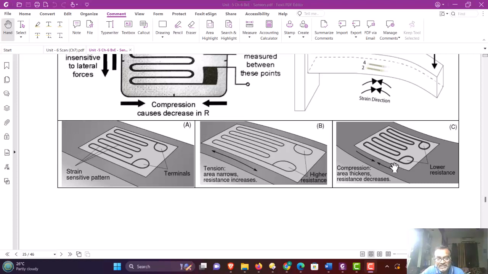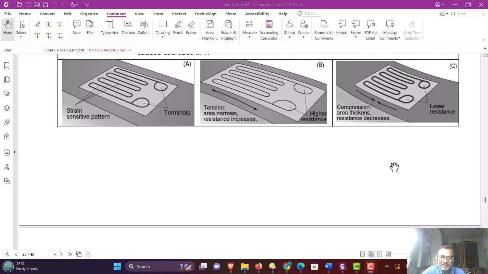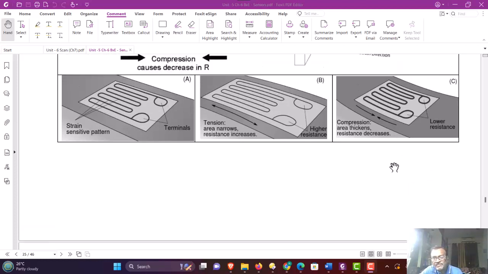If four strain gauges are used and they are connected appropriately in the cross arms, then the sensitivity of the bridge will be increased four times compared to a single arm strain gauge connection. And that's why, to have larger sensitivity of the measurement, normally four strain gauges are used in the four arms of the Wheatstone bridge.